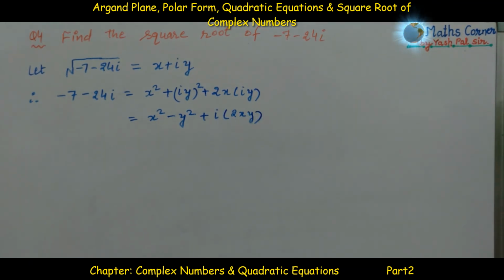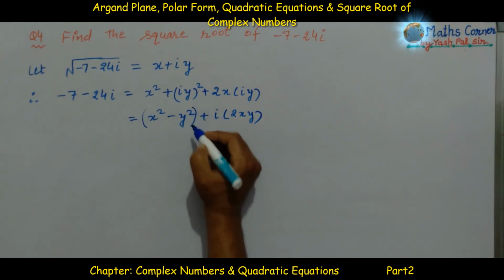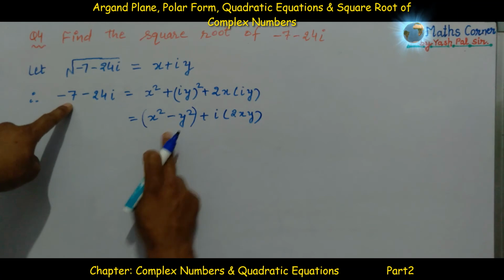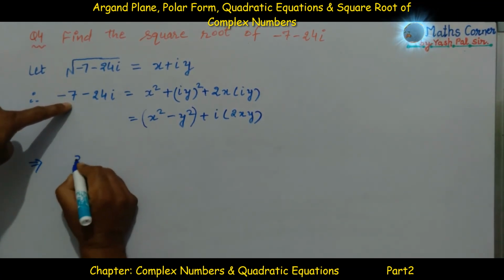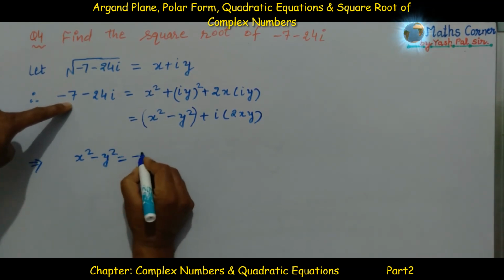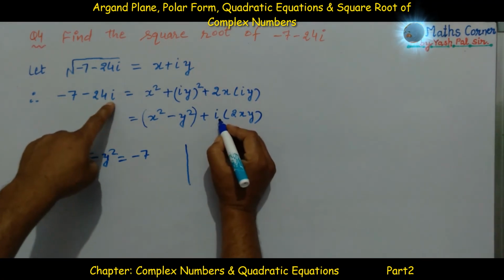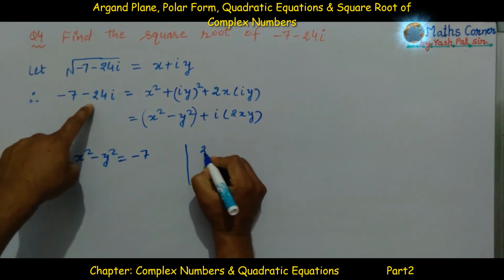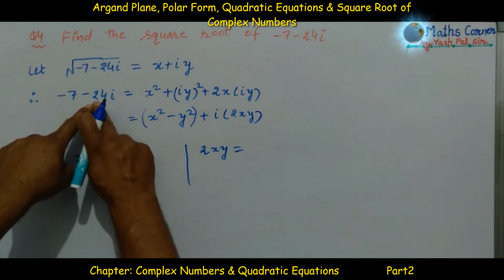So x square minus y square is the real part. Equating the real part, x square minus y square is minus 7, and the coefficient of iota is 2xy, which equals minus 24.